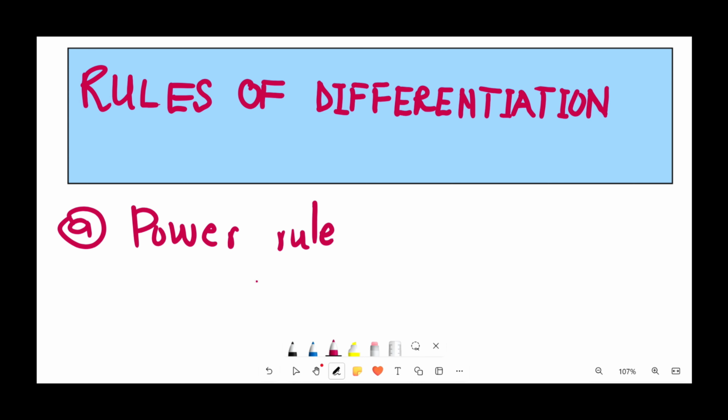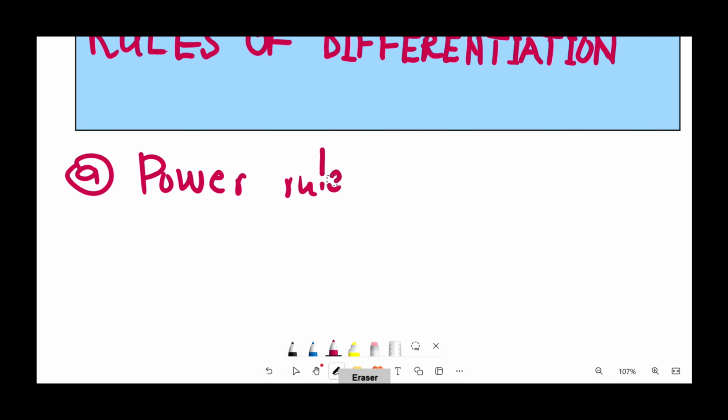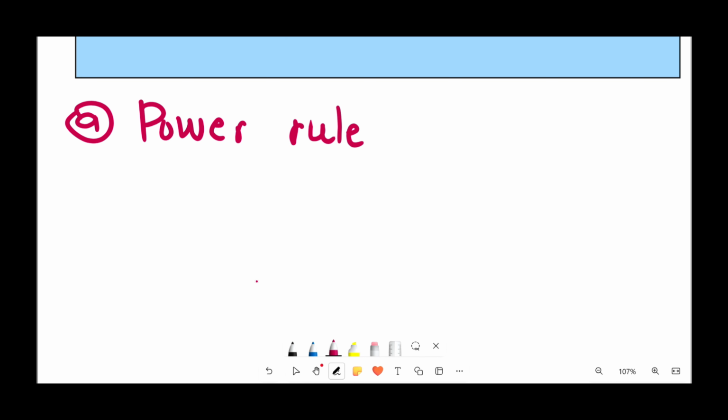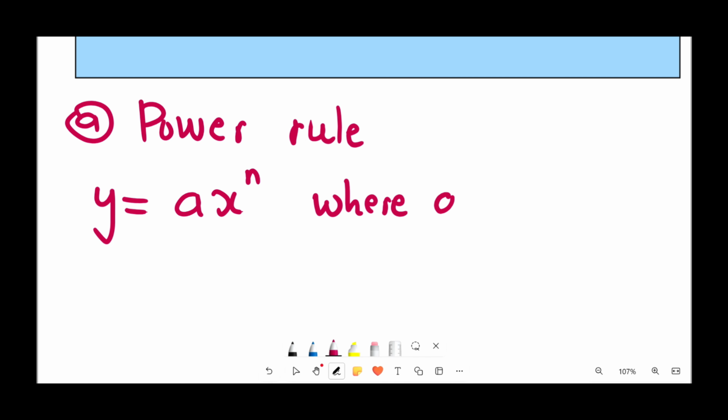So if you have a function, let's assume that you have a function y is equal to ax having a power of n, where a is a constant, and a is not equal to 0.